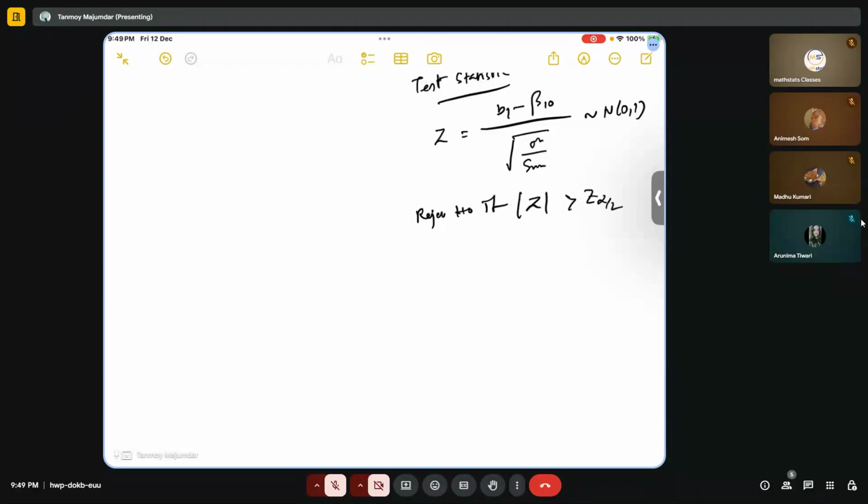So if the test statistic is greater than the critical value, then we will reject the null hypothesis.